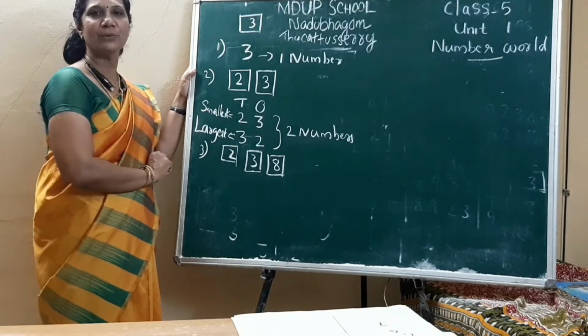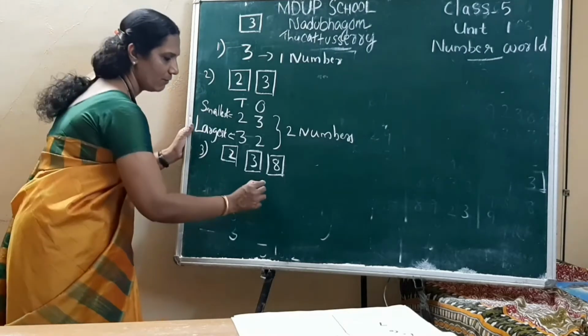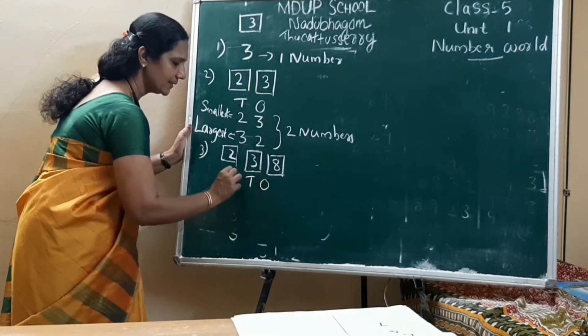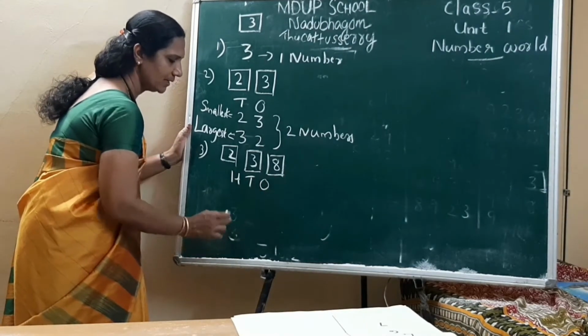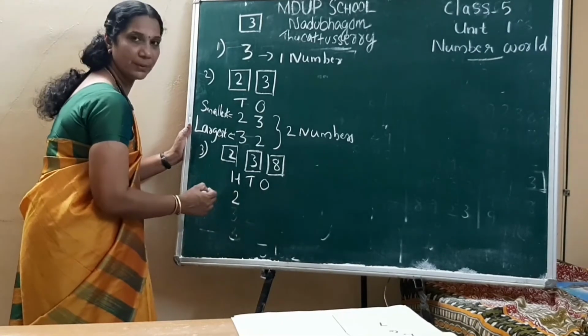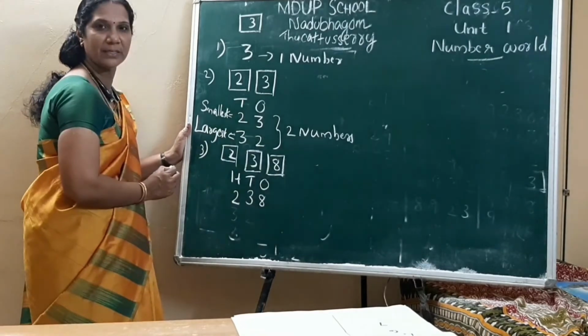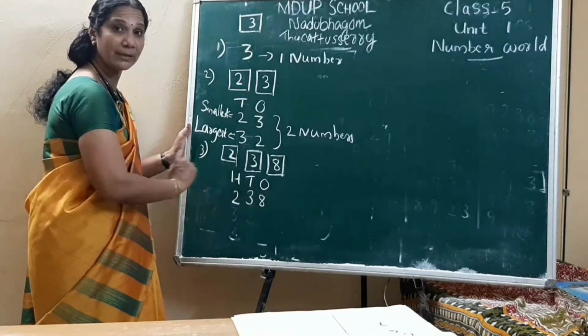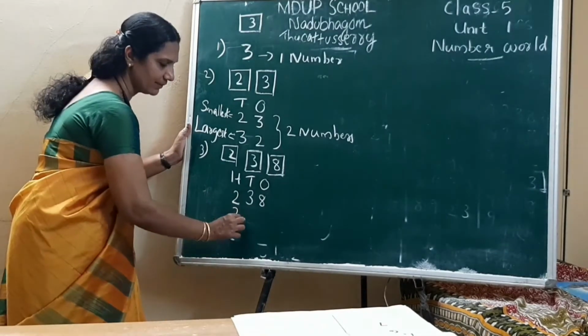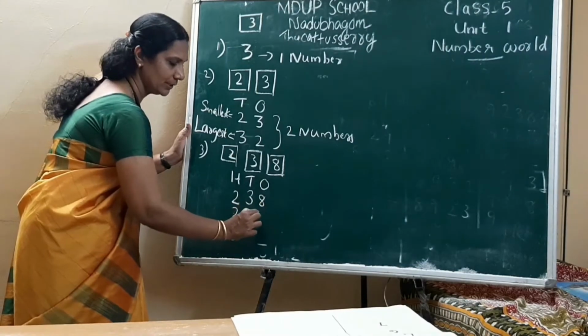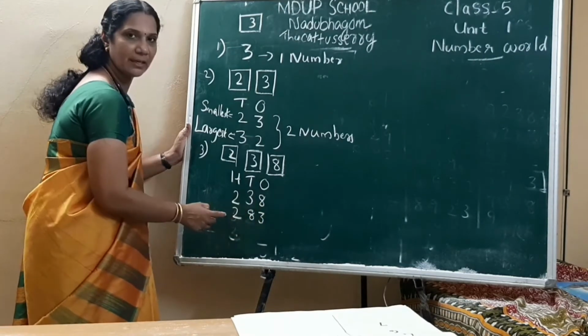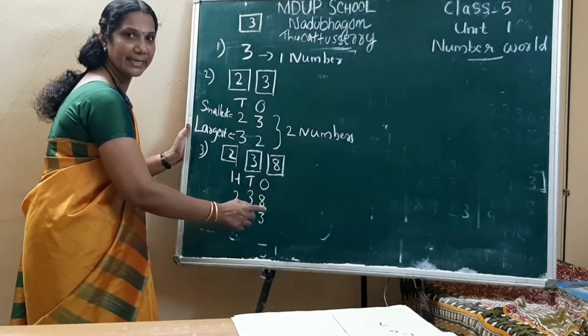What are the place values in a three-digit number? Ones, tens, hundreds. Starting with 2: 2 in the hundred place, 3 in the tens place, 8 in the ones place. You have the number 238. Again starting with 2, interchange these two digits. Then you have the second number, 283.